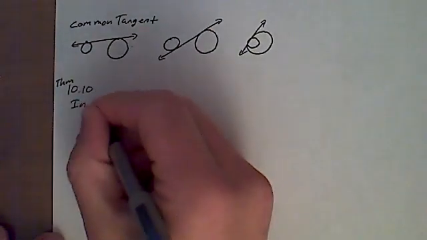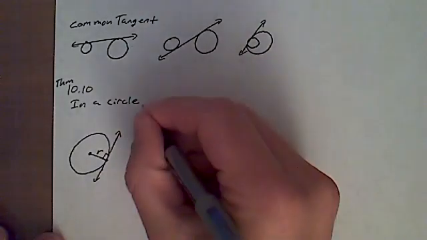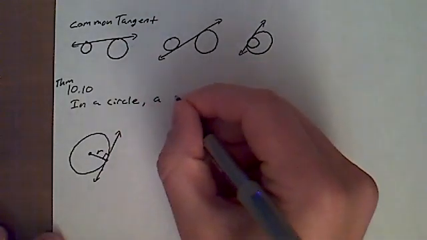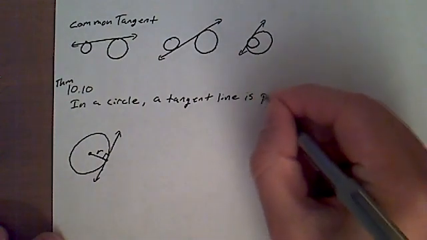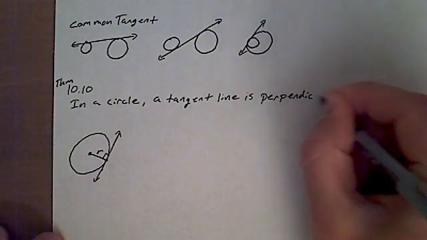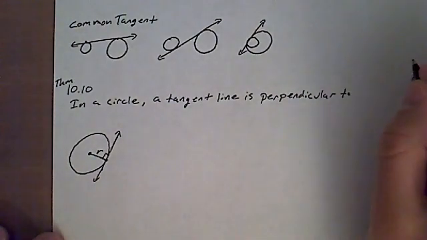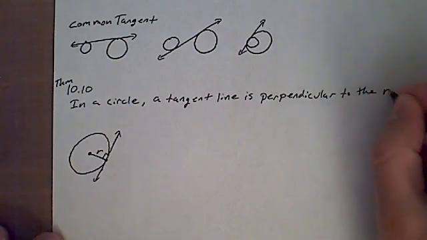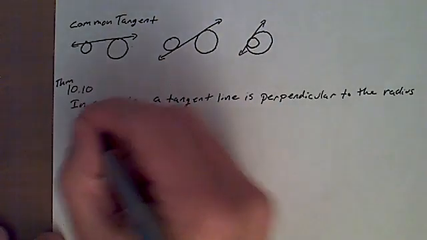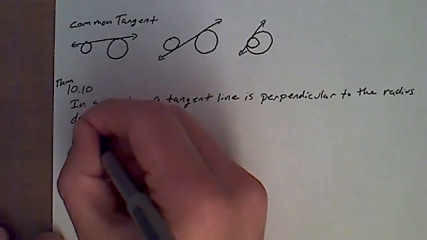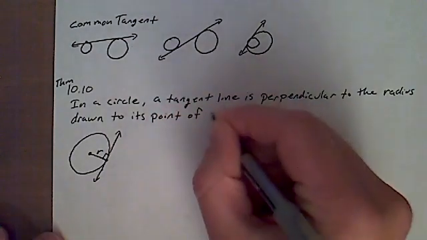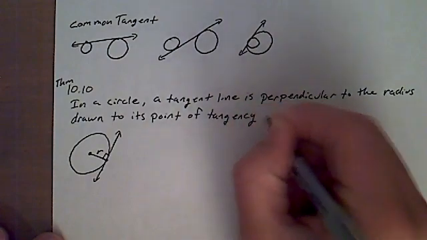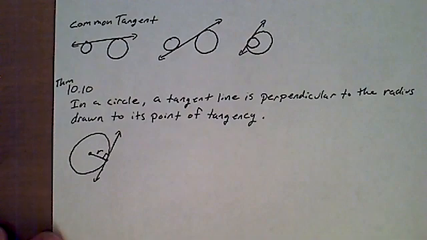So in a circle, a tangent line is perpendicular to the radius drawn to its point of tangency.